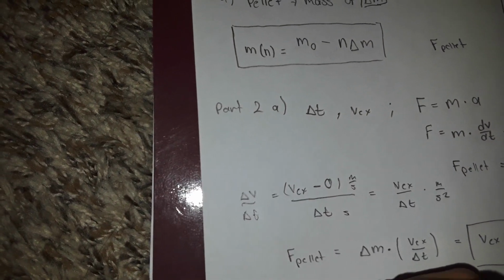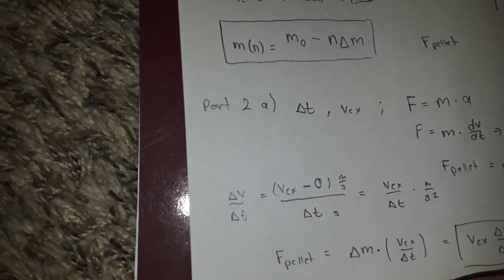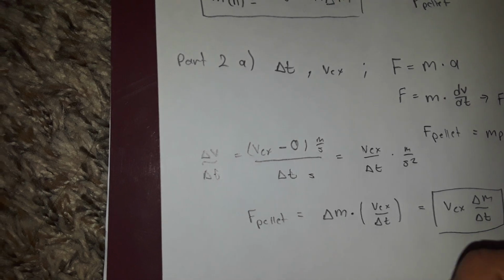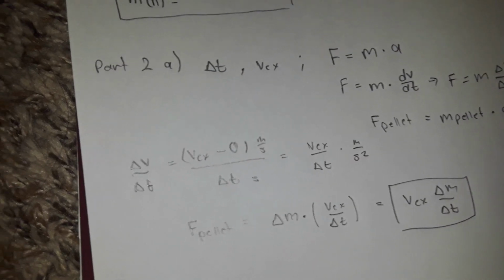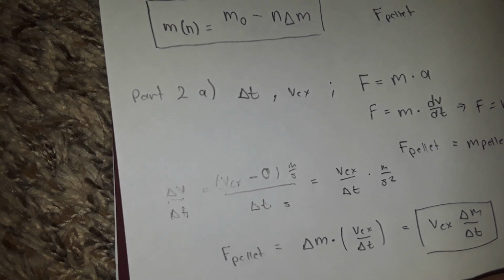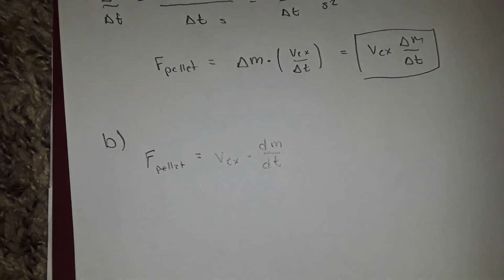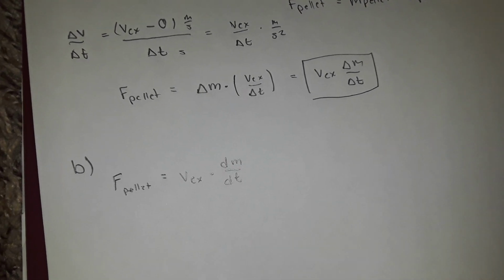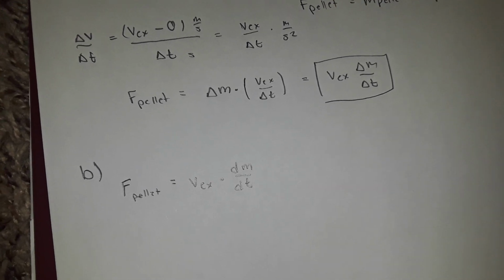The force of the pellets is going to be the velocity Vx times, now that we are burning continuously, our differential dm/dt. And this is going to be our force of thrust, since we know that the thrust is the force provided by each pellet continuously onto the rocket.